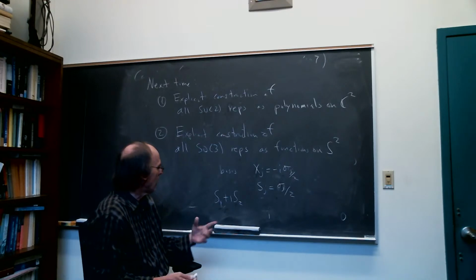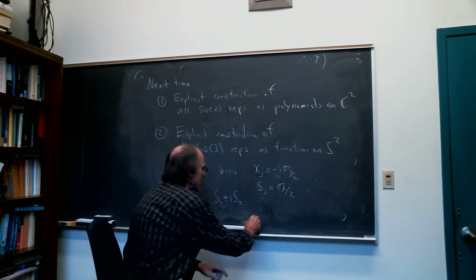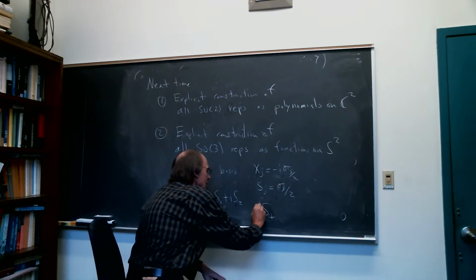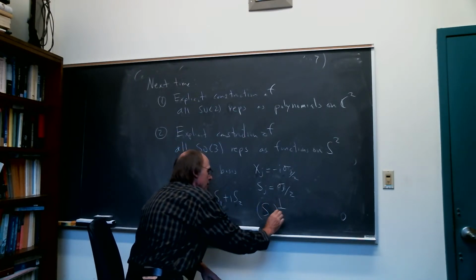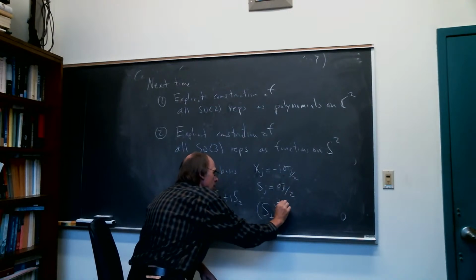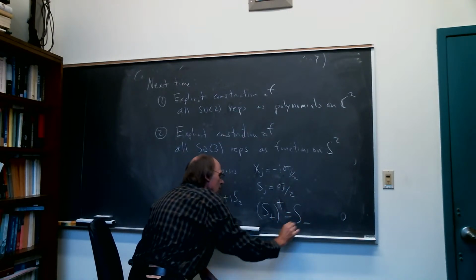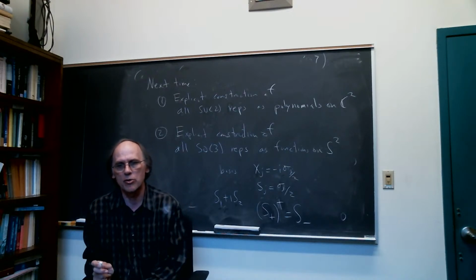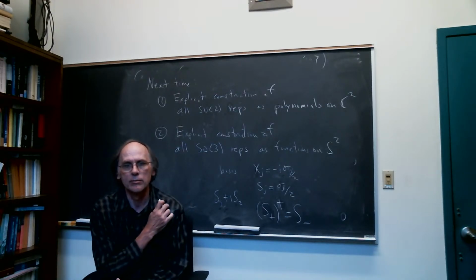But what does happen is, the way this is set up, if you take S plus and ask what its adjoint is, you'll find that it's S minus. So these two things are not self-adjoint or skew adjoint, but they are each other's adjoints.